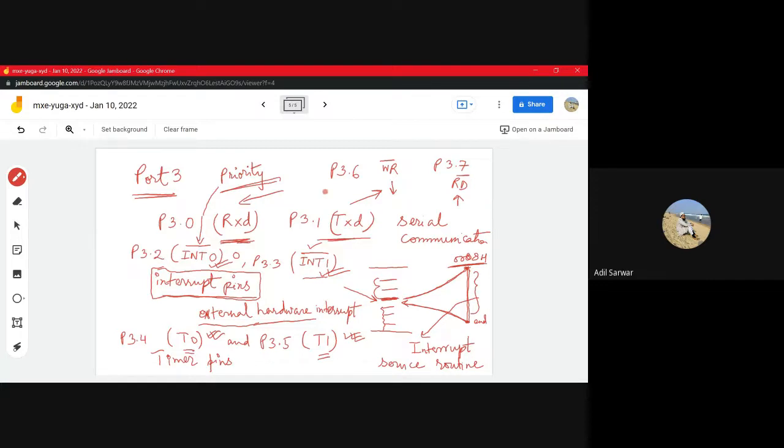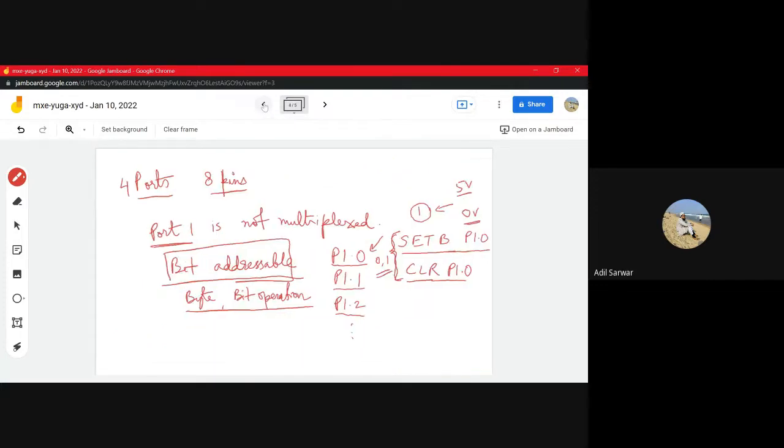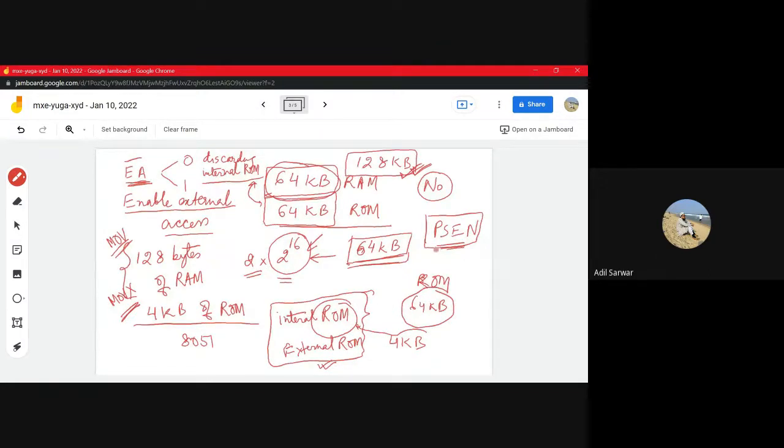I was also talking about one pin which I told you I will talk about at the last, which is PSEN, Program Store Enable. I told you that there is a 16-bit address bus A0 to A15 in the 8051, and this should allow 64 KB of external memory to be accessed. But I told you that 64 KB of external ROM and 64 KB of external RAM, a total of 128 KB, can be accessed through this address bus.